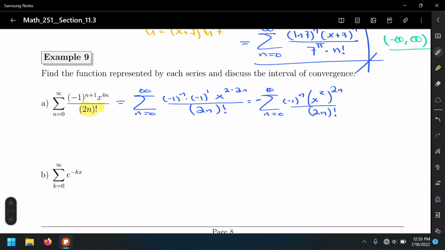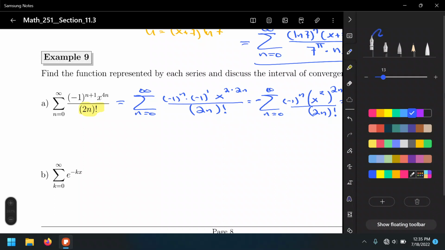So if we write this in the following form, negative sum from n equals 0 to infinity, (-1)^n u^(2n) over (2n)!.